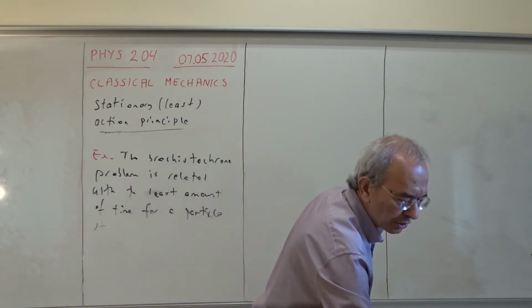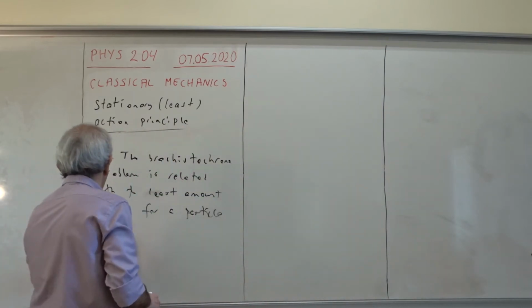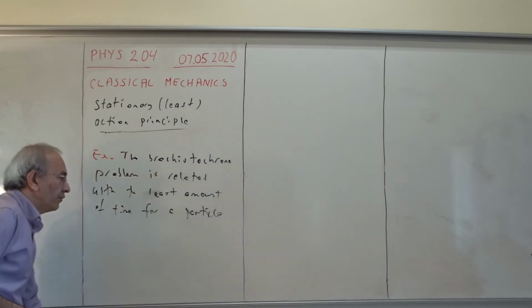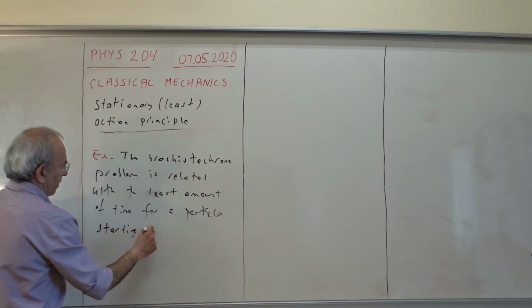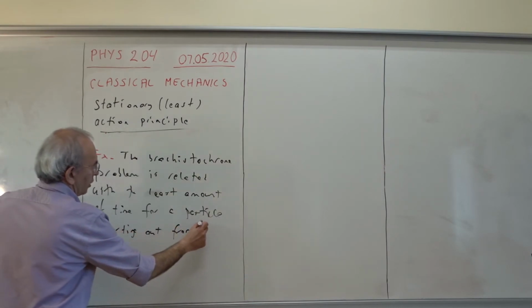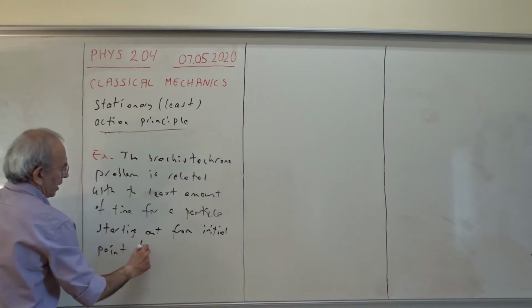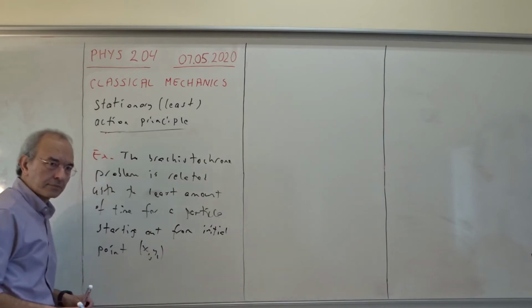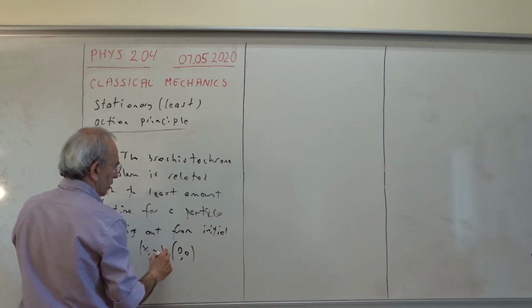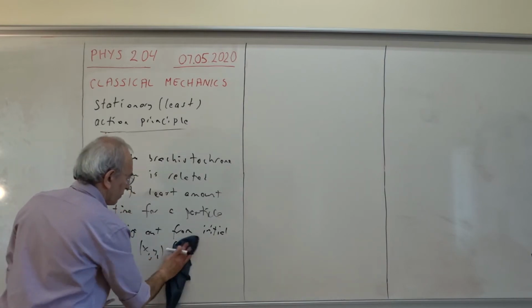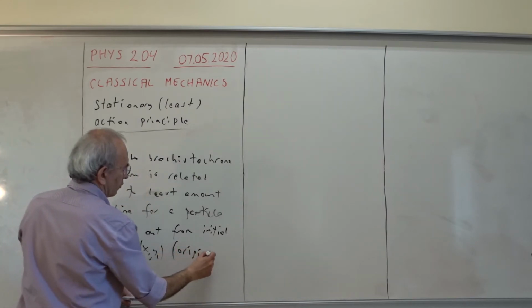Let's assume it is the origin. It doesn't have to be, but for simplicity, let's assume it is the origin: the initial point x1, y1 is 0, 0.